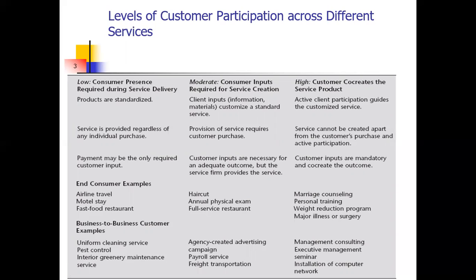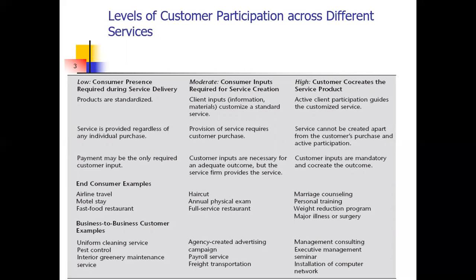There are certain classes of services where you find that you have to increase your role. There is a moderate role, and somewhere you will find services that have a high degree of involvement, without which the service cannot be delivered, or rather cannot be created.